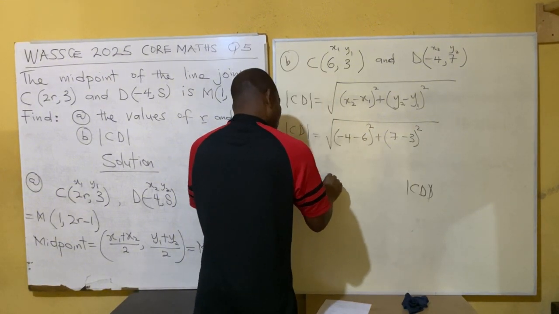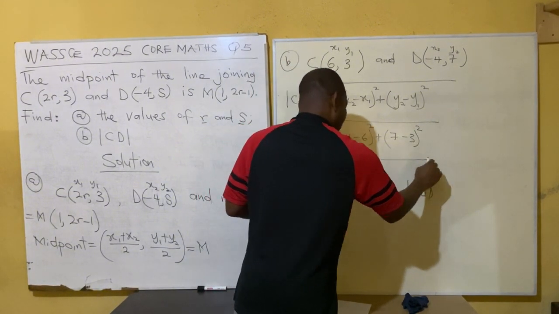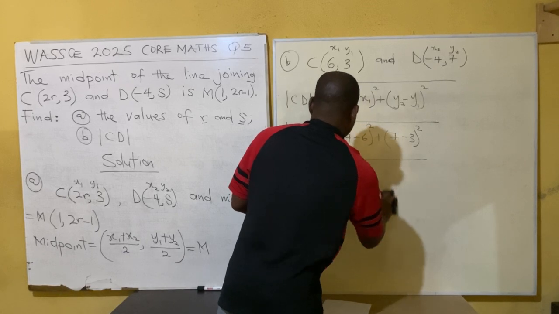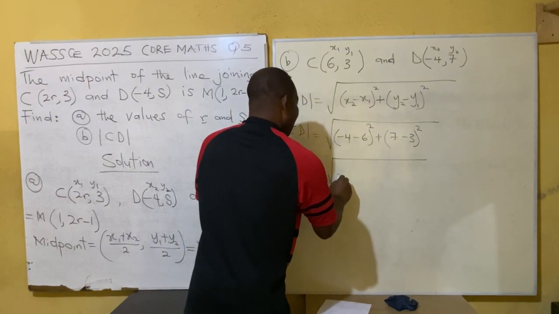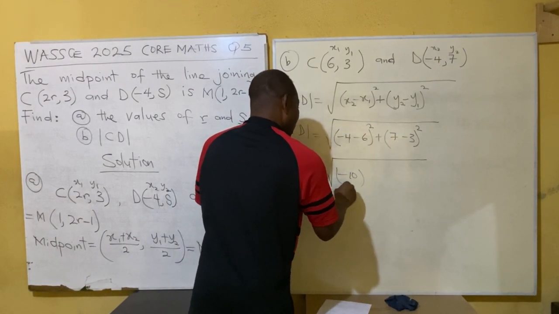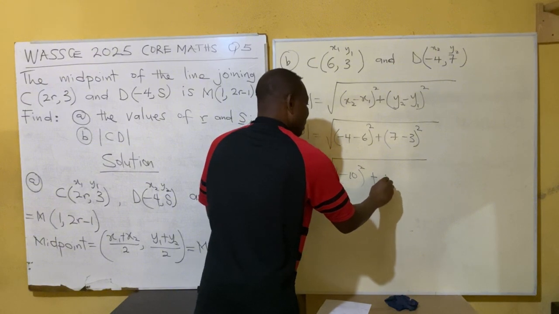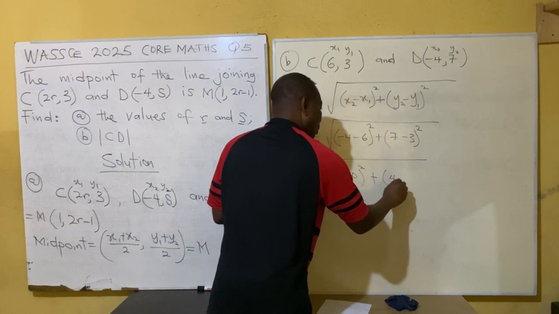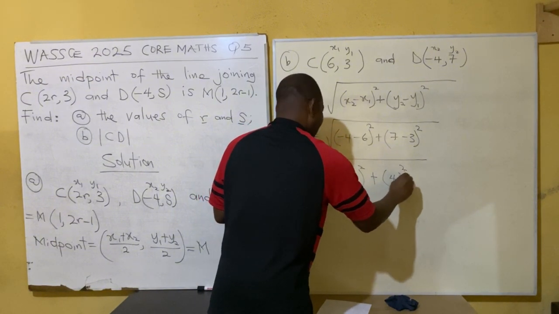So this is equal to the square root of, this becomes -10 all squared, plus this becomes 4 all squared.